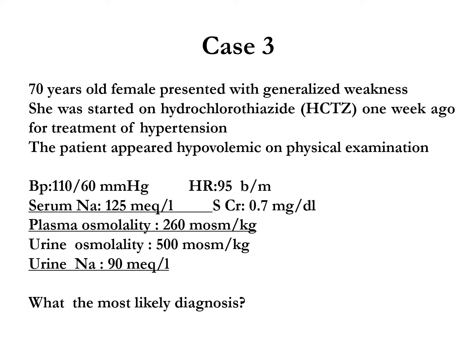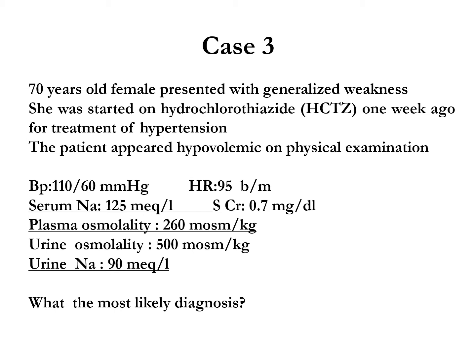The third case is a 70-year-old female presented with generalized weakness. She was started on hydrochlorothiazide, a thiazide diuretic, 1 week ago for treatment of hypertension. The patient appeared hypovolemic on physical examination.